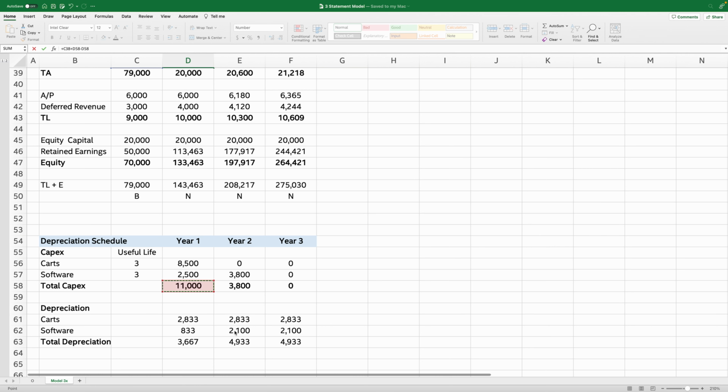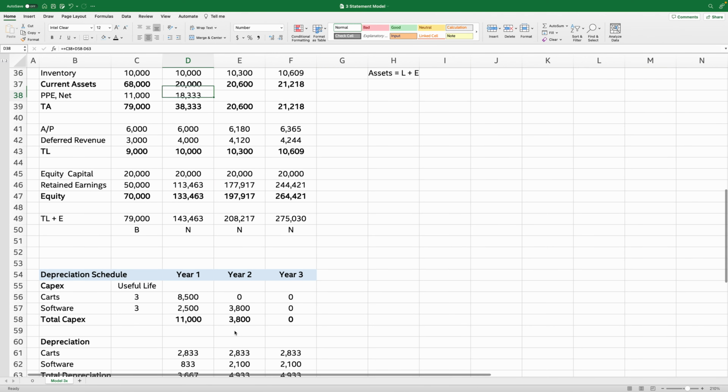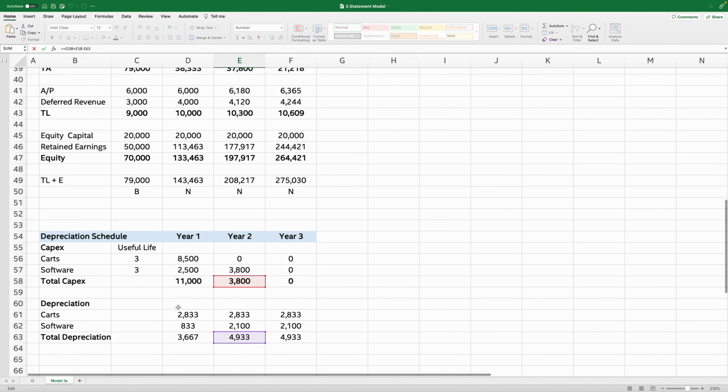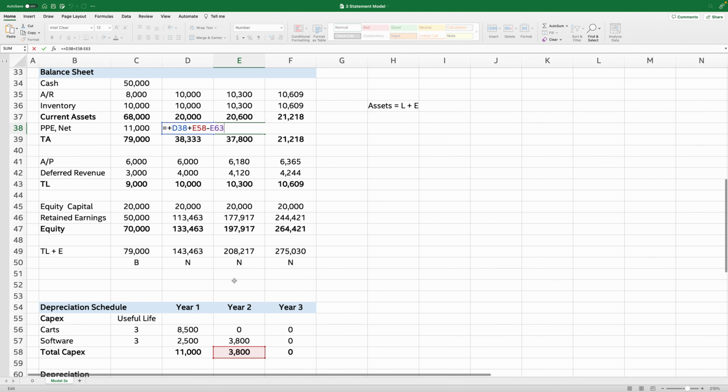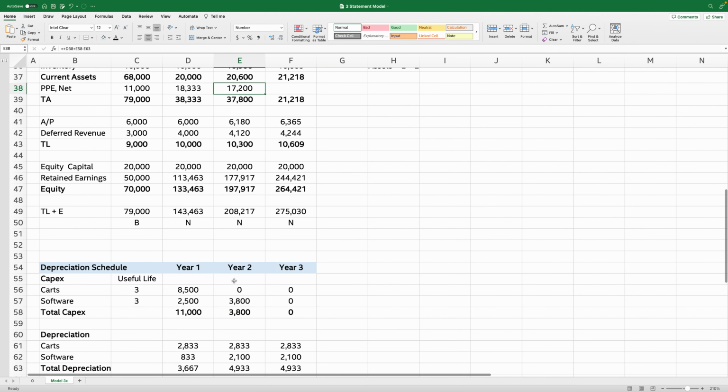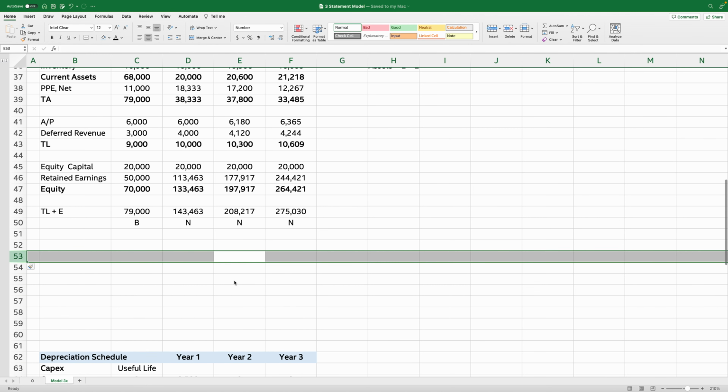So plus this capex here minus the depreciation amount. This is how that should go. And then for the next period, it's the same. I think that's right. We'll know if it's not right if our balance sheet doesn't balance, then we will troubleshoot.